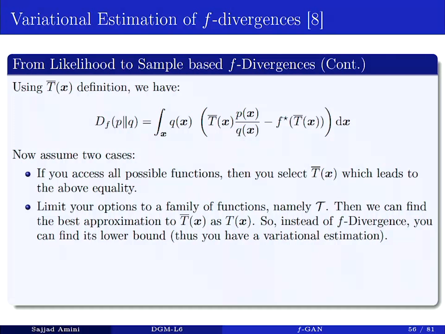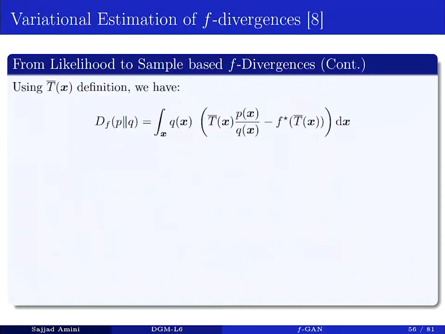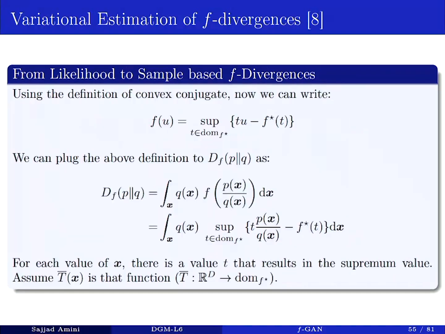We know that T is connected to X. Selection of T is connected to X and also connected to the P of X and Q of X. We know that we do not have access to these two distributions.